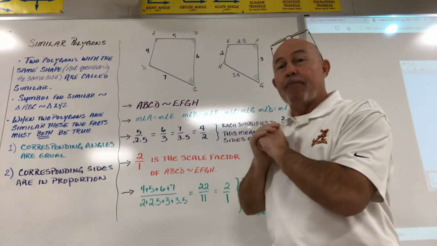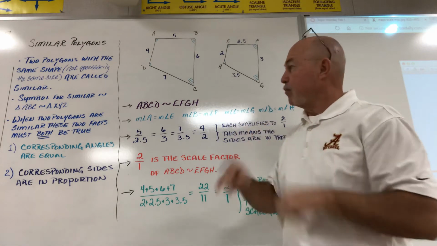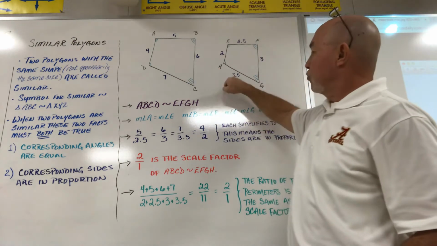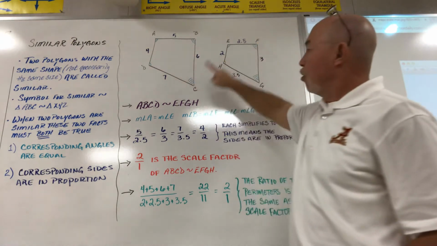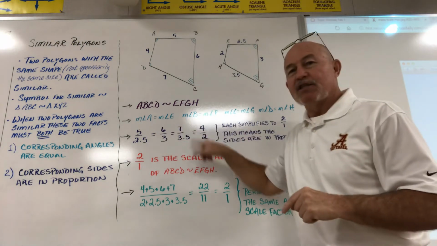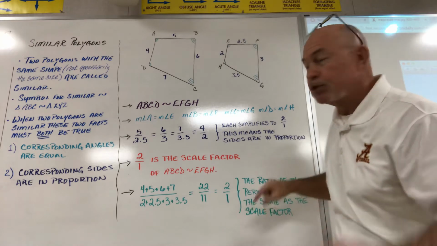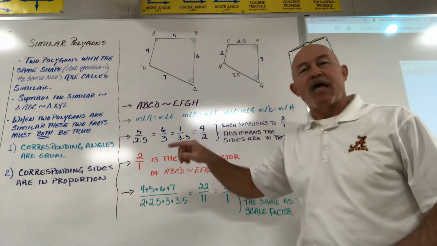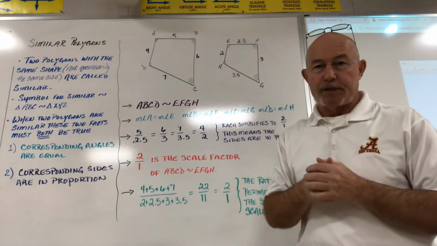If you don't set it up right, that's where your problems come in. Then we go 6 over 3, 7 over 3.5, 4 over 2.